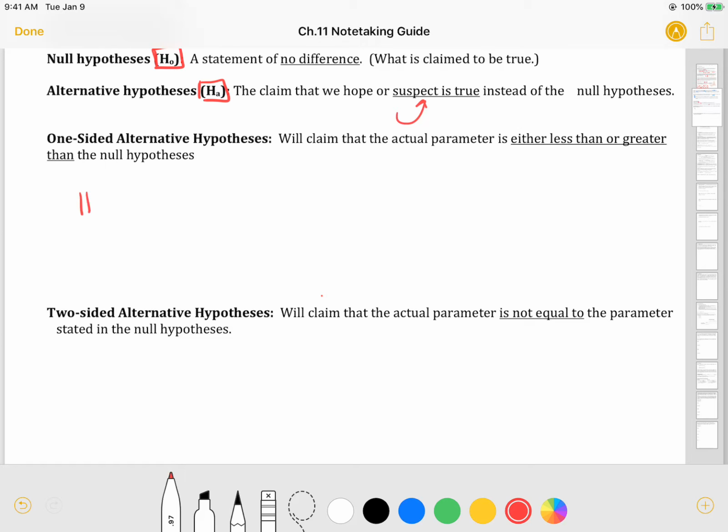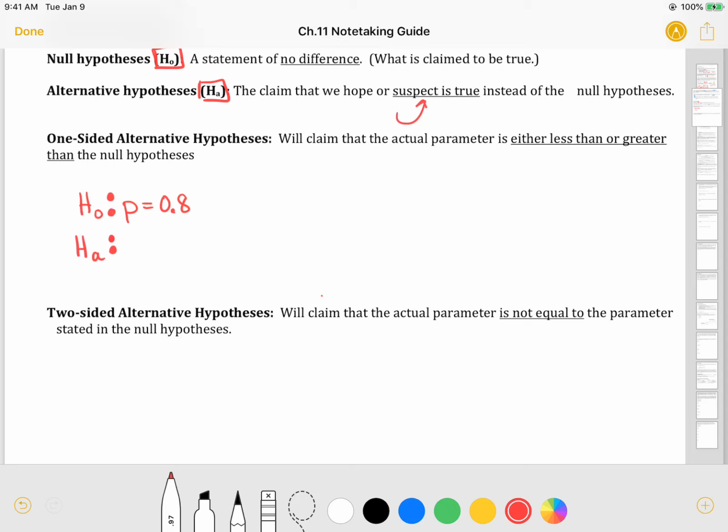What this free throw shooter is claiming is that they're an 80% free throw shooter, so p is equal to 0.8. The null is always going to be equal to whatever is claimed to be true, and then the alternative can take on 3 different signs. It can either be greater than, less than, or not equal to, okay?